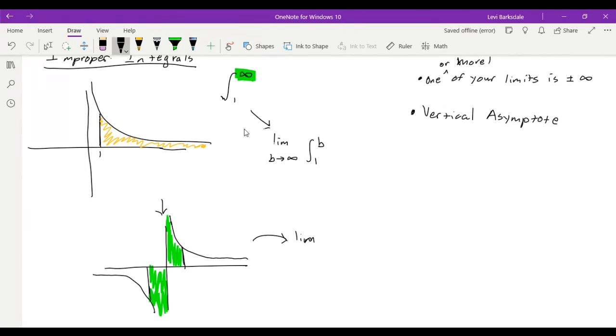And this one we would actually have to break up into two limits, like so. We would have the integral from -1 up to 0, which would give us this lower portion, and then the integral from 0 up to +1, which would give us this upper portion. And you'll notice that I elected to make my limits one-sided, because for this lower portion, we're only concerned with the negative side of 0, basically.